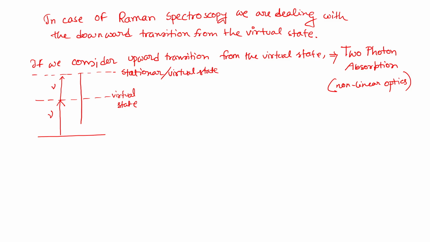The emitted radiation will have photon energy twice that, and the wavelength will be half, right? Professor Datta has not gone far into this, but this is what we require at this moment for Raman spectroscopy.